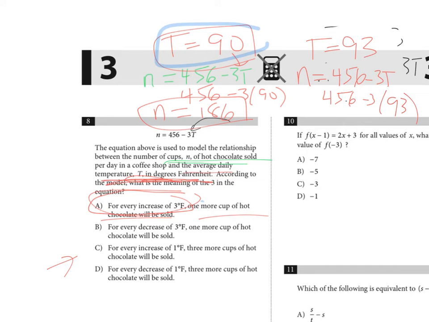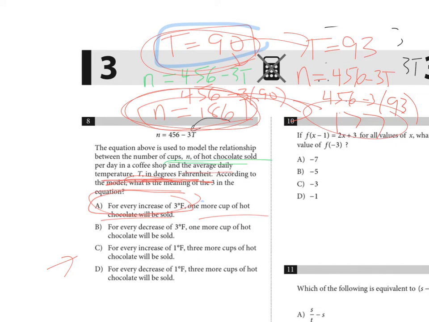So if I calculate that, that gives me 177. So when the temperature increased 3 degrees, they went from 186 cups of hot chocolate down to 177. That looks like a drop of 9 cups. Well, letter A says, for every increase in 3 degrees, 1 more cup of hot chocolate will be sold. That's not true. It looks like 9 less cups. So letter A is incorrect.